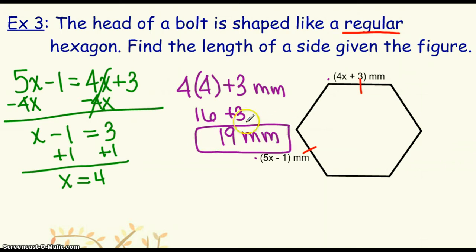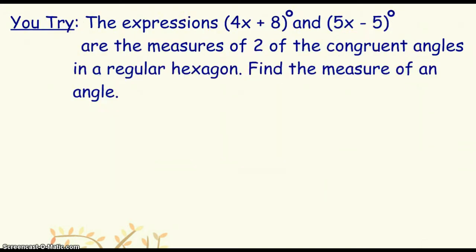And our last problem says the expressions 4x plus 8 degrees and 5x minus 5 are the measures of two congruent angles in a regular hexagon. Find the measure of each angle. So I can draw the hexagon, and since it says regular, all angles are congruent. That means the measures are equal.